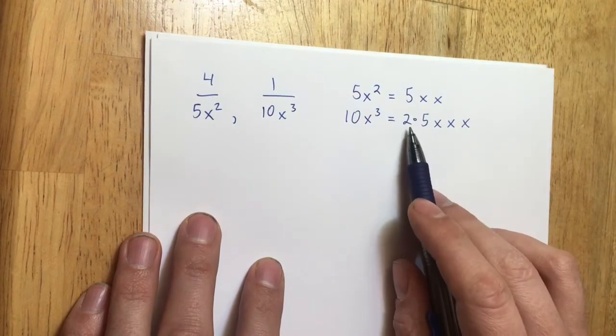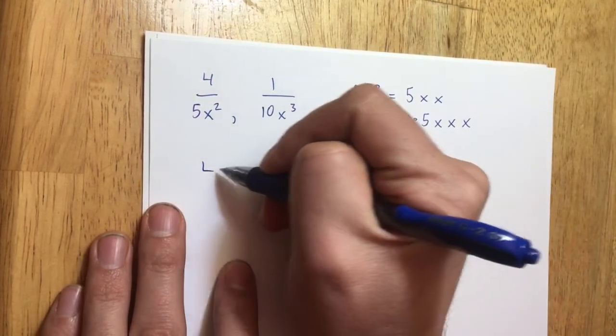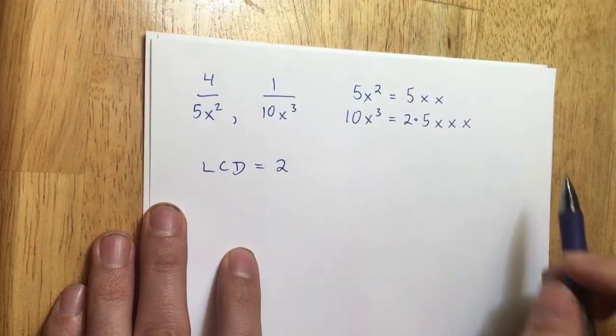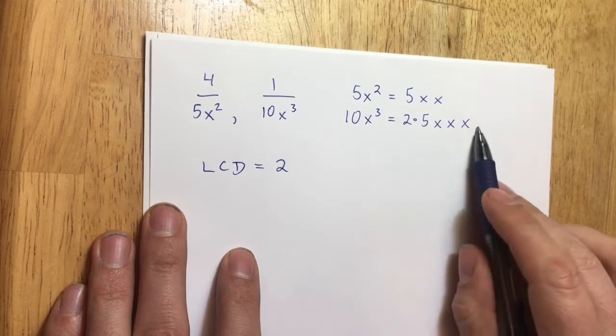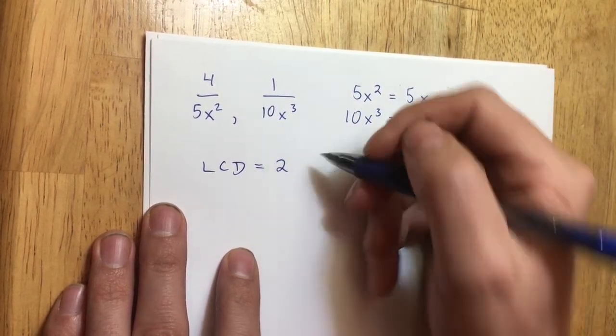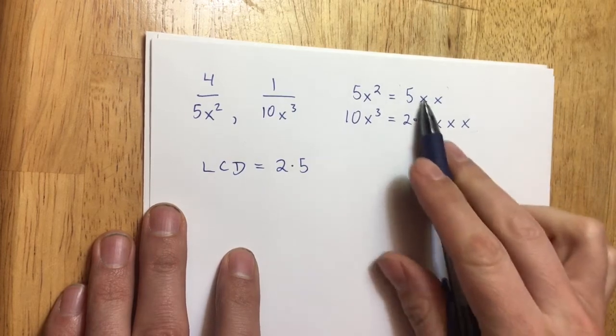So 2 appears at most once, and so I include it one time in my LCD. Then I go to 5. 5 appears once here and once here, so it appears at most once. So there's a single 5 in my LCD.